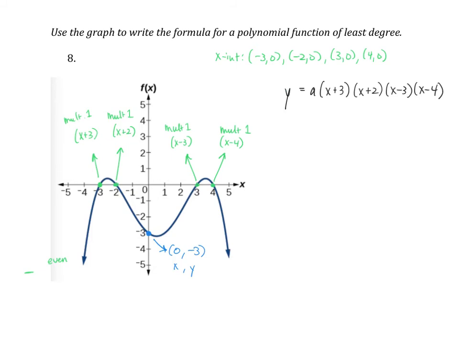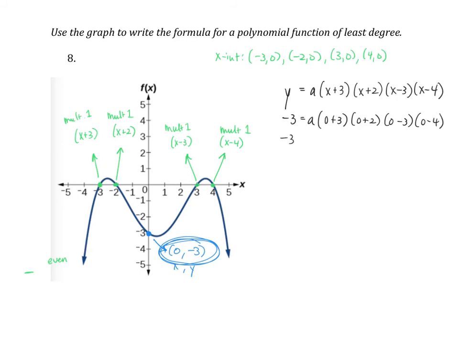Once you have your function written down with x's and the y, you're going to use your other point to plug in for x and y and then solve for a. So y is negative 3 equals a, which is what you're going to find. 0 is x. So everywhere I see an x, I'm going to plug in a 0. And this will allow me to solve for a.